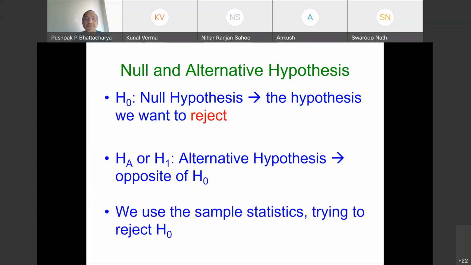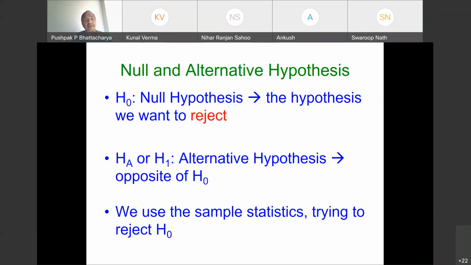H0 is called the null hypothesis, and I have stressed many times before that the null hypothesis is created with the explicit purpose of finally demolishing it, based on the data that is in front of us. That is why the name null hypothesis is given. The hypothesis is nullified going forward, and this is the hypothesis that we want to reject.